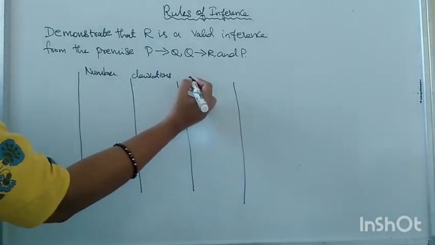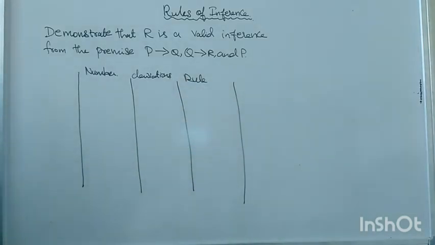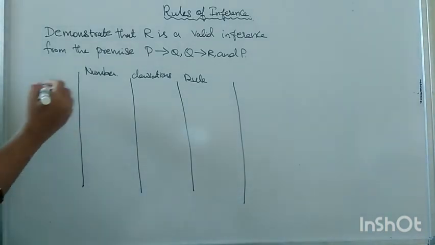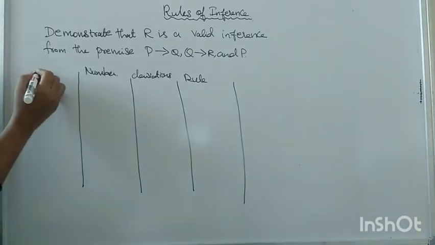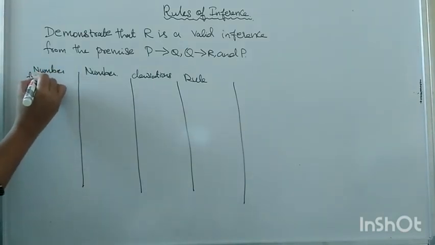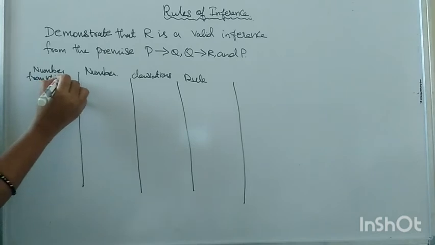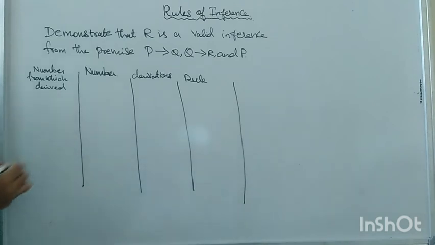Then here we write the rules, based on which rule we are writing. Next, you can write the number from which you have derived.